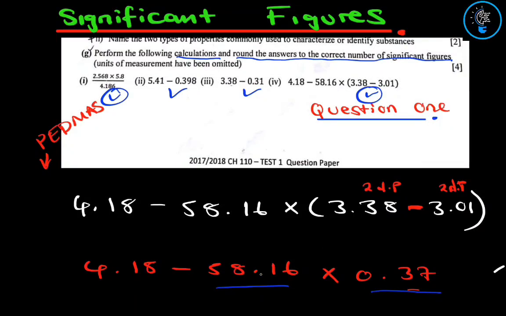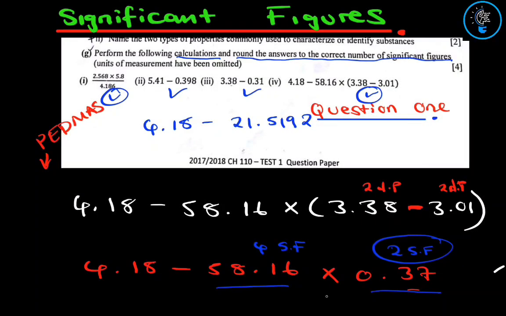When you do your multiplication, remember we need to consider significant figures. This one has 4 significant figures, and this one has 2 significant figures, so our answer will have 2 significant figures. So we have this value multiplied by 58.16, and you are going to get 21.5192.